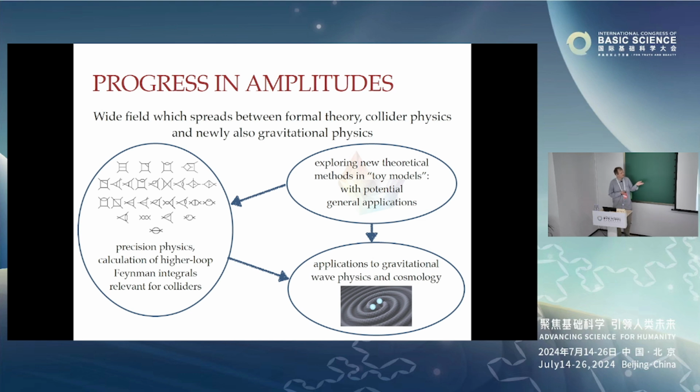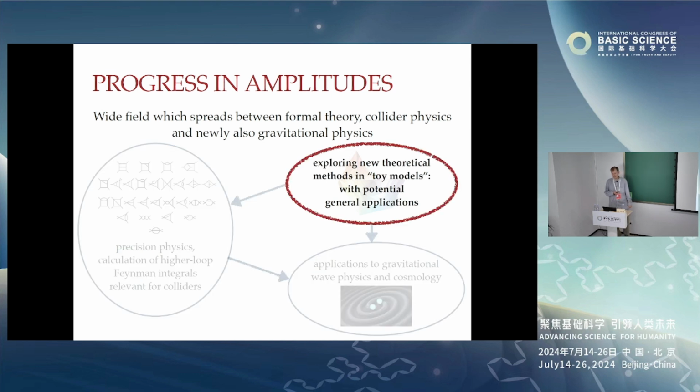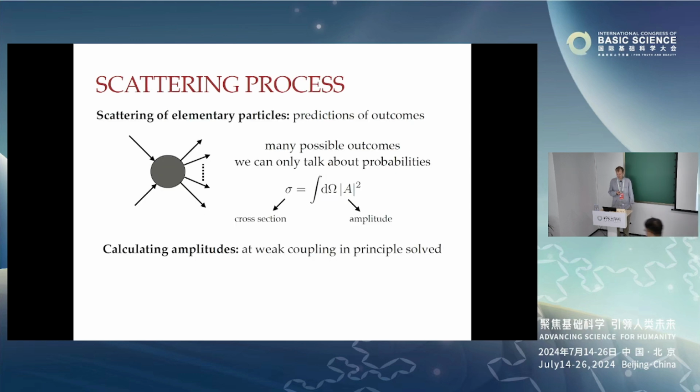So in my case, I will focus on this corner here, and it's about exploring new theoretical methods in simplified quantum field theories. We don't have an ambition at the moment to apply it to relevant collider physics, but we like to explore new methods with potentially generalizing them to a broader set of theories and learning some more general lessons for quantum field theory.